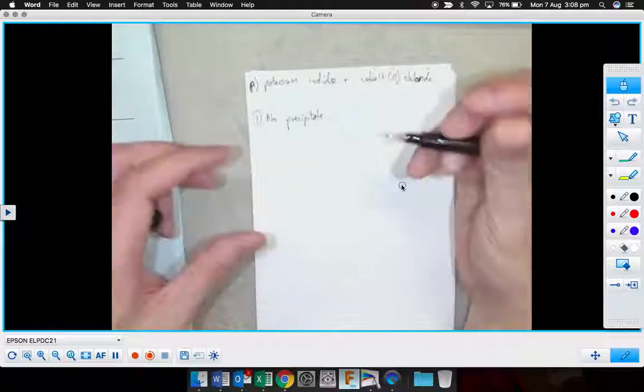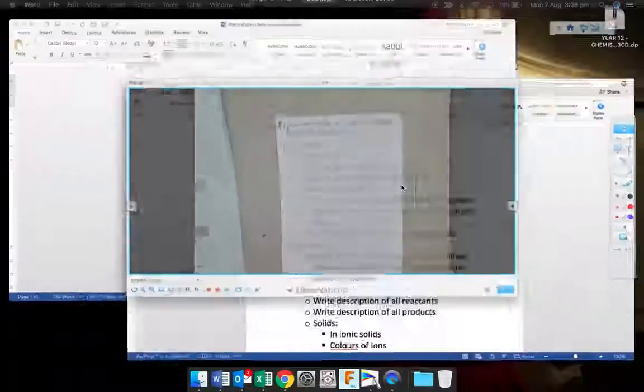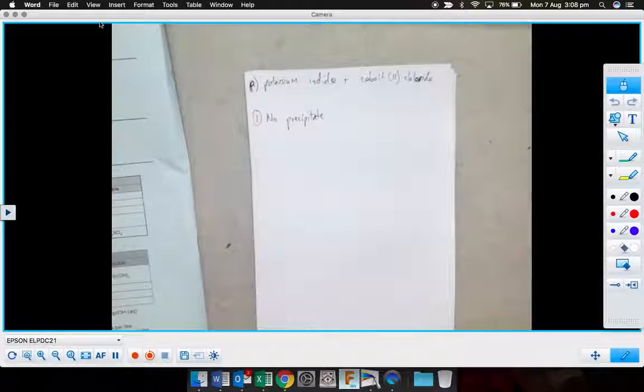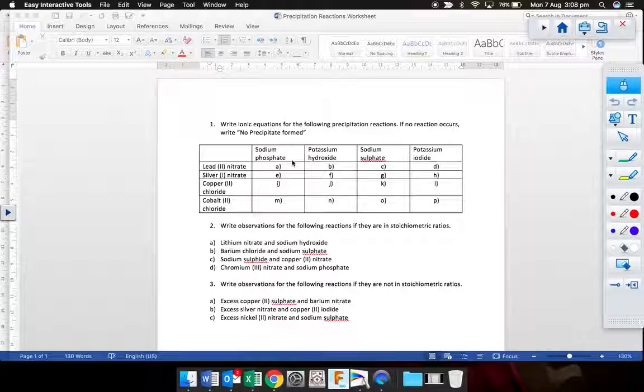Let's pick one that will actually form a precipitate. Let's do something like potassium iodide and copper chloride, because what's the point of making a video if you're not going to have something react?